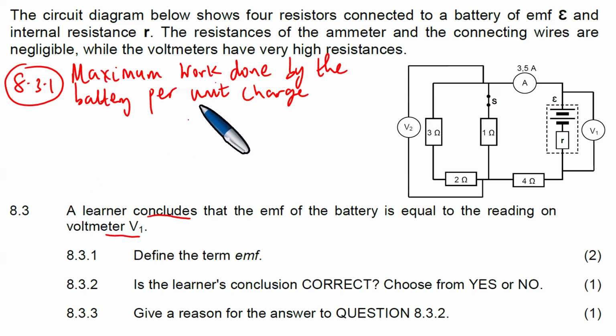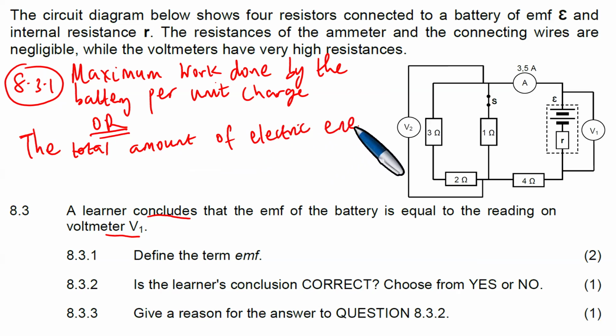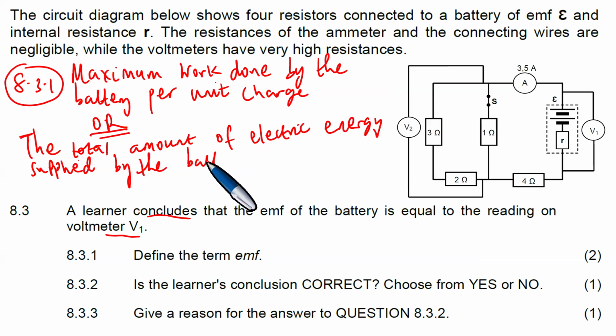It is the total amount of electric energy supplied by the battery per coulomb, or per unit charge.